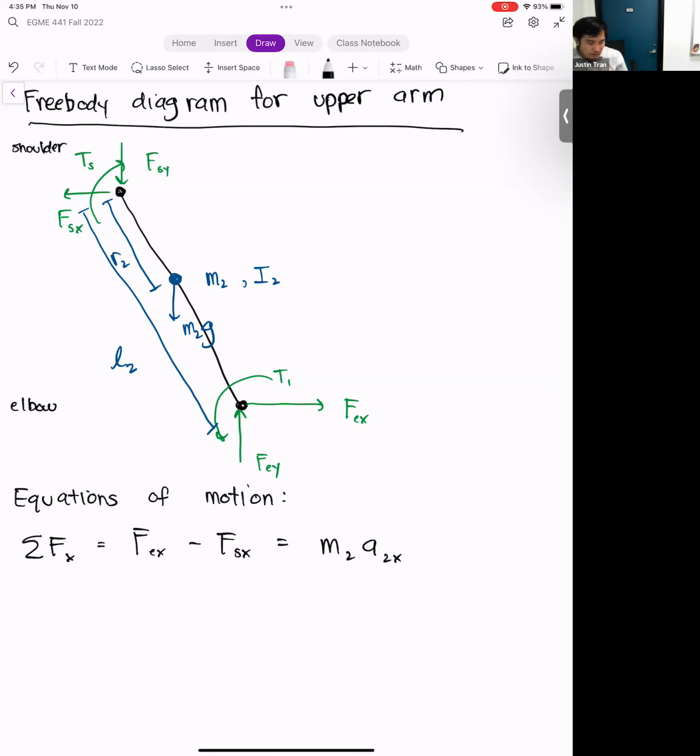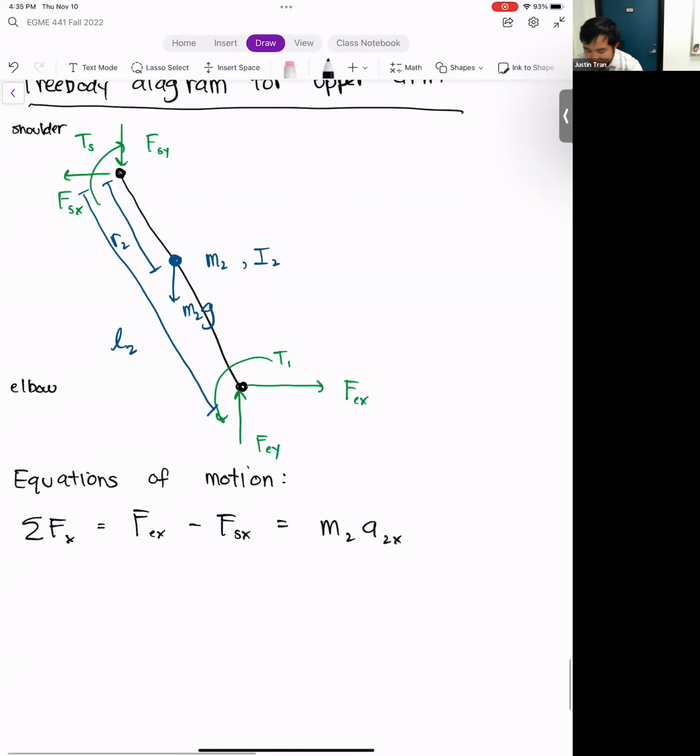That's equal to the mass of the upper arm multiplied by the acceleration of the upper arm in the x direction. We'll find the expression for A2x in a minute, but I'll write out all three equations of motion first.